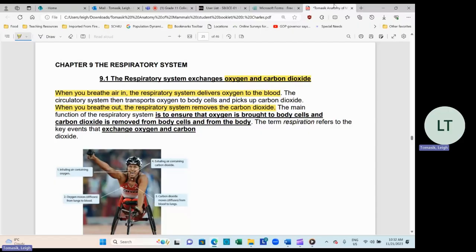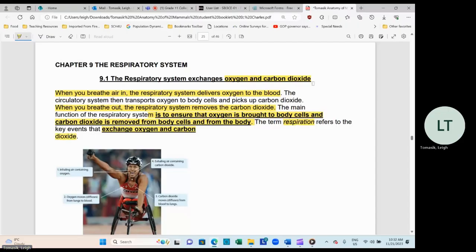When you breathe out, the respiratory system removes the carbon dioxide from the blood and puts it in the air. So the main function of the respiratory system is to ensure that oxygen is brought to body cells and carbon dioxide is removed. Okay. The term respiration refers to the key events that exchange oxygen and carbon dioxide.